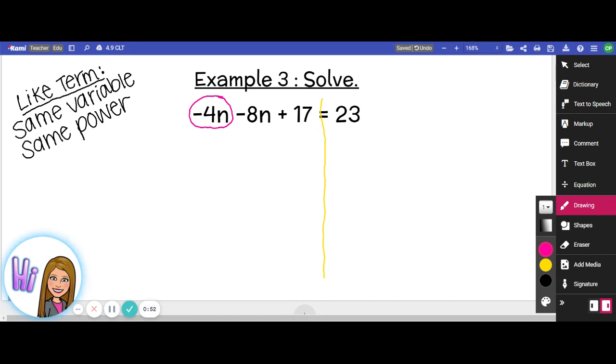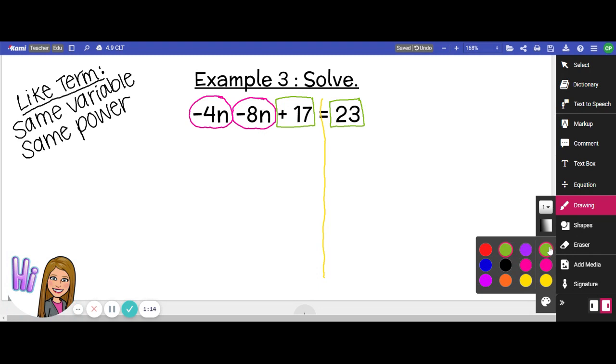The next term we've got is a negative 8n, which also has an n to the first power, so I'm going to, including the negative sign, give that a circle also. Positive 17 does not have an n to the first power, so I'm going to change its shape and the color. And then 23 does not have an n, so that's a constant. I'm also going to go ahead and box the constant in.